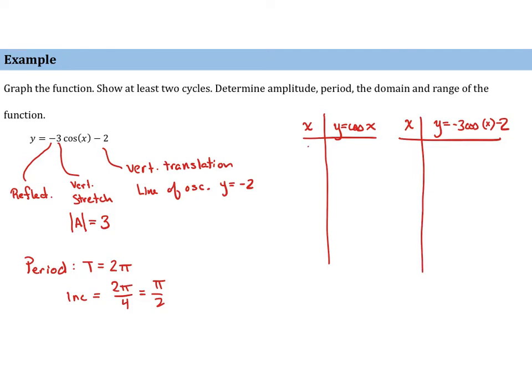So our original table of our parent function consisted of these 5 key points, and there was no horizontal change, no transformation on our x's, so those stay the same.